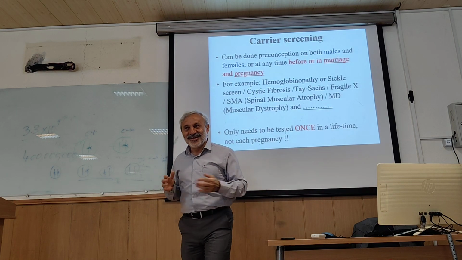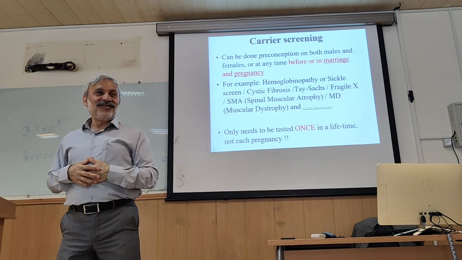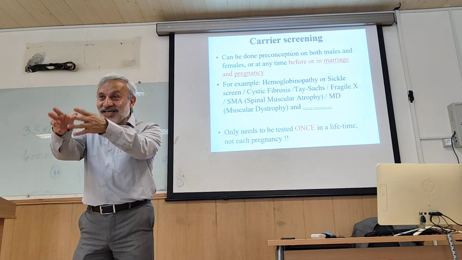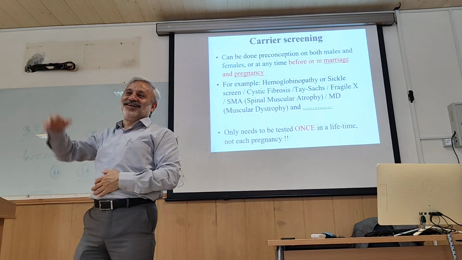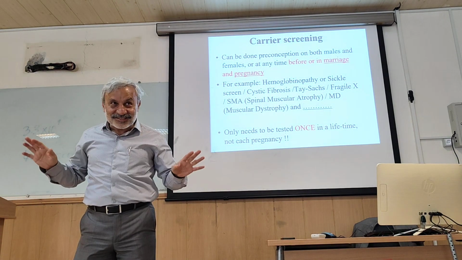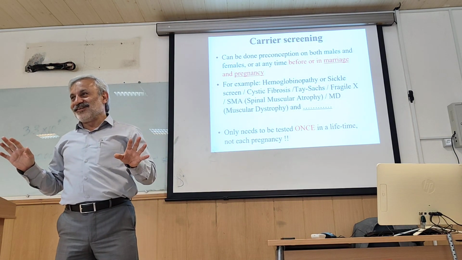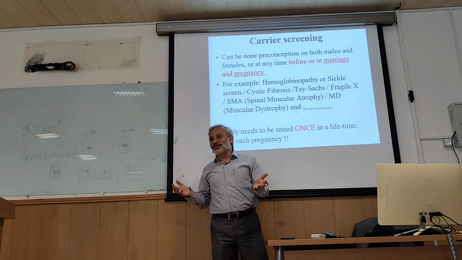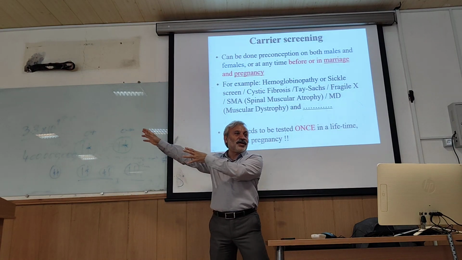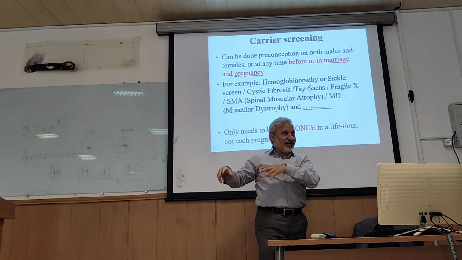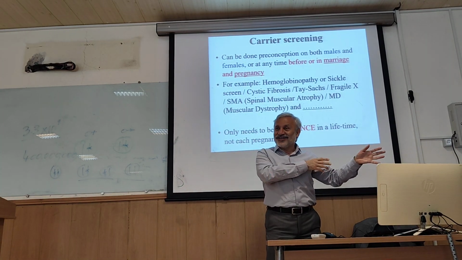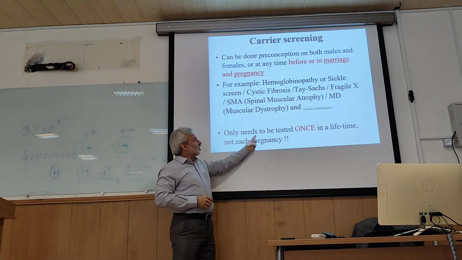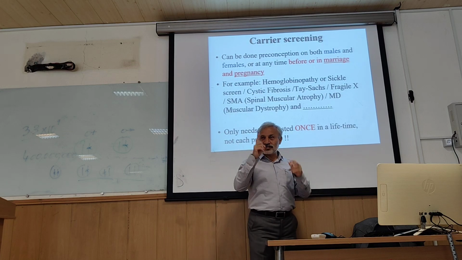Why? Because the genes remain the same. Your DNA doesn't change. Your DNA is with you forever. Your DNA is the same at birth and when you die. So you do the test just once.